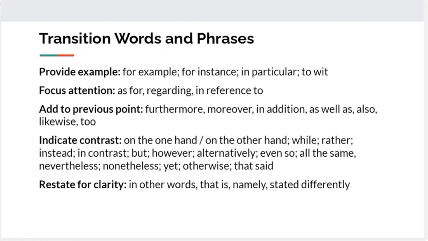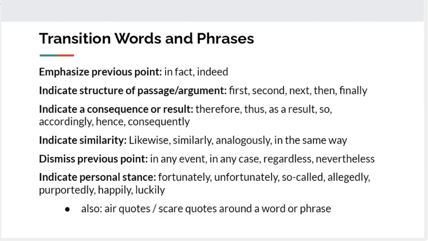Restating for clarity: if the author says, in other words, that is, namely, stated differently, that means they're going to back up and offer a slightly different spin on what they've just said, perhaps simplifying it or reiterating it in some way that makes it easier to understand. If they're going to emphasize the previous point, they might say something like in fact or indeed.